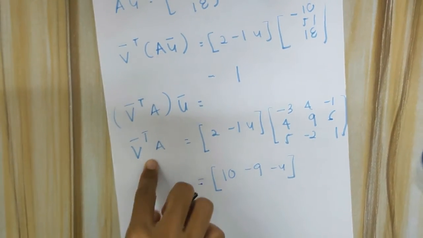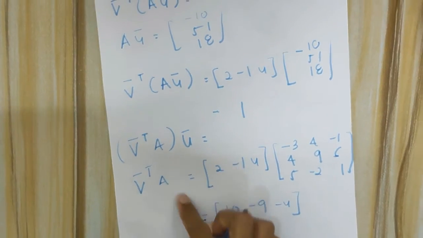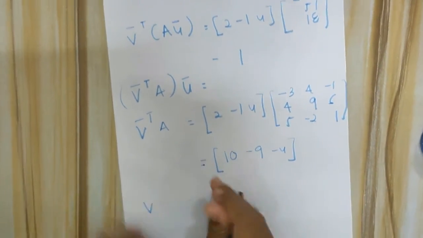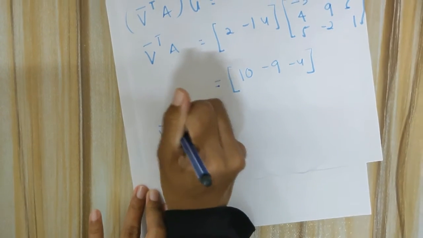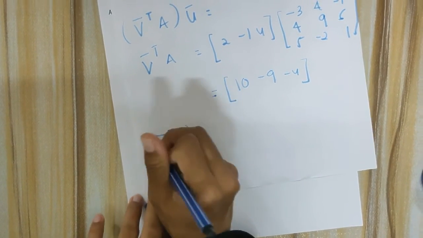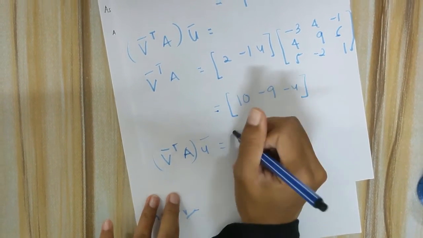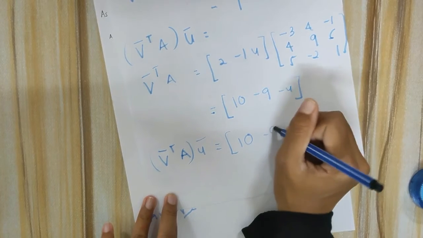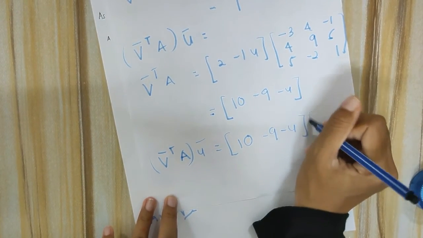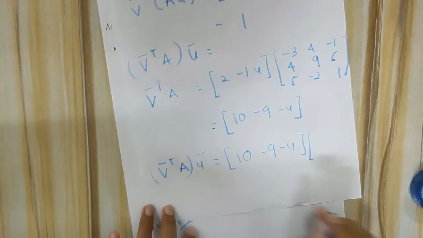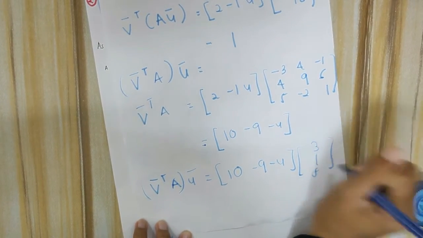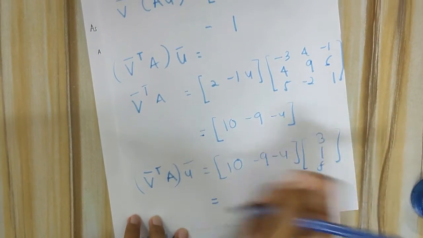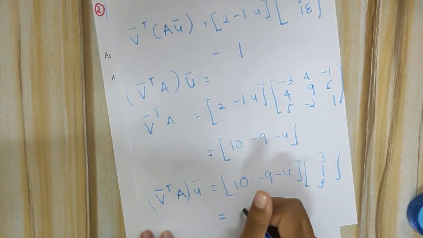After we find the V bar transpose A, we multiply it with U bar. So copy it back, and our U bar is 3, 1, 5, and we do the multiplication product, and we get the answer 1.